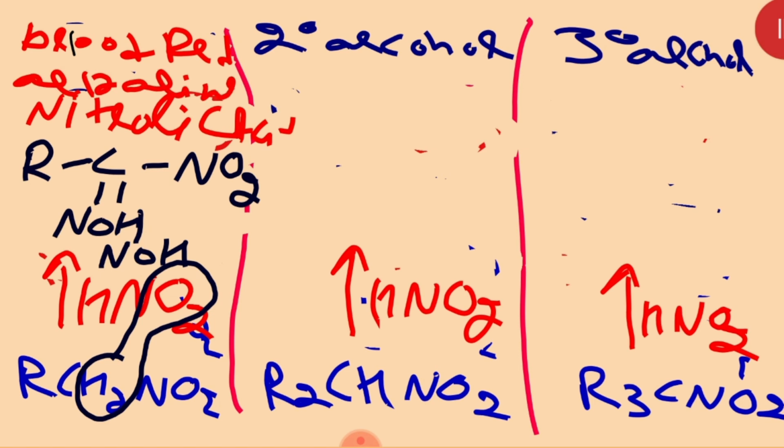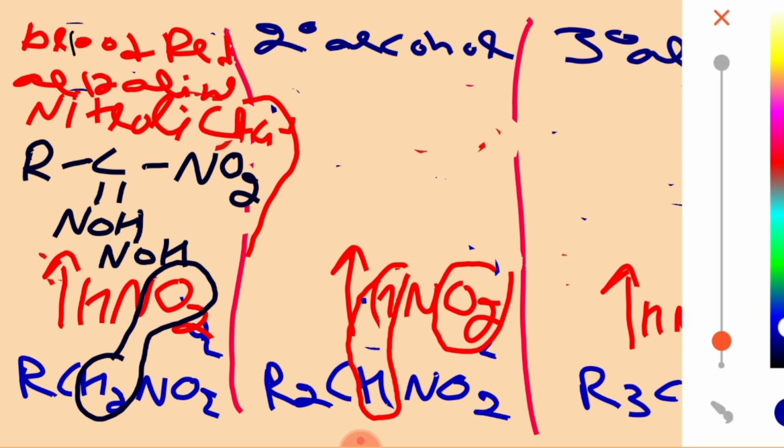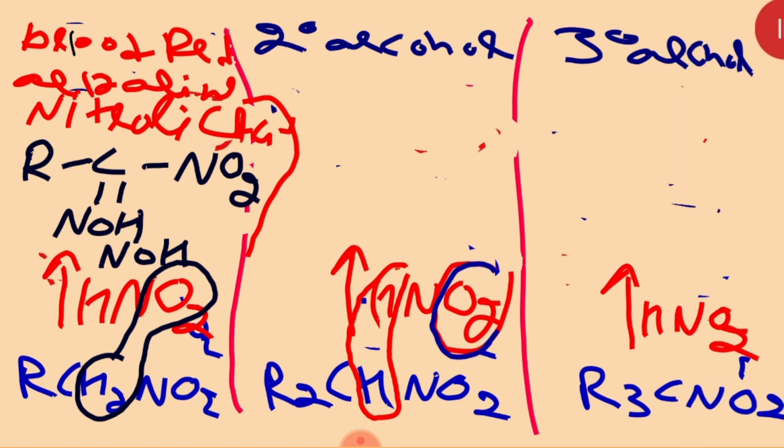Now I am moving towards the secondary. In the secondary, we have done HNO2. Again we have to remove the water molecule from there. Water molecule means this H and one oxygen. So only NO is left.